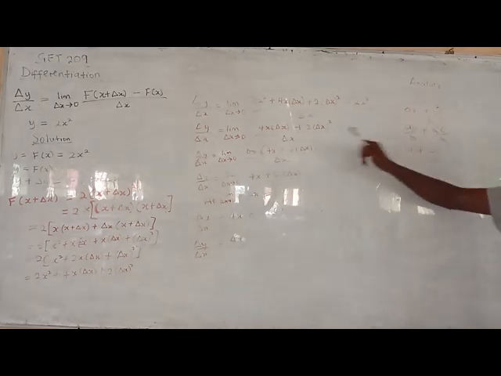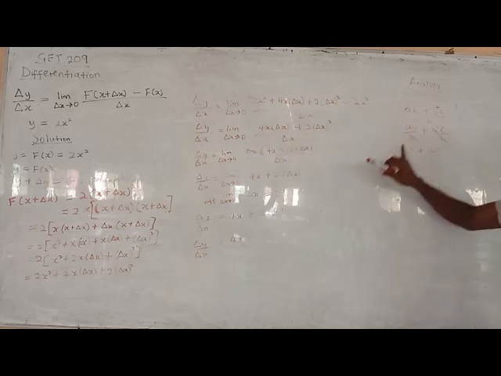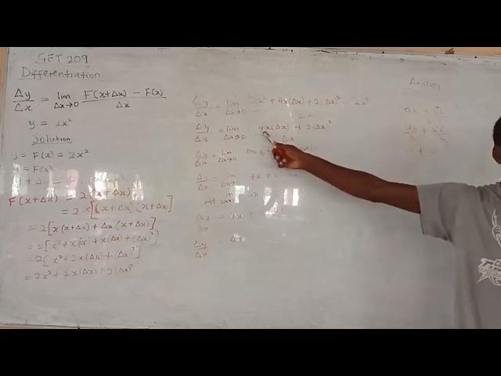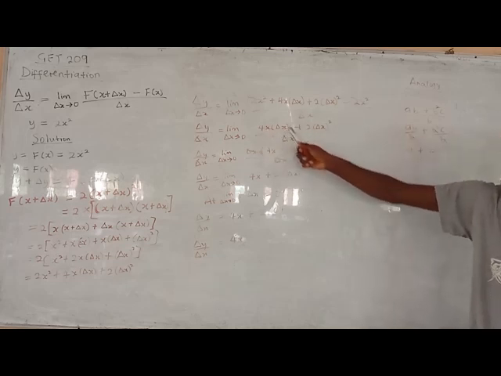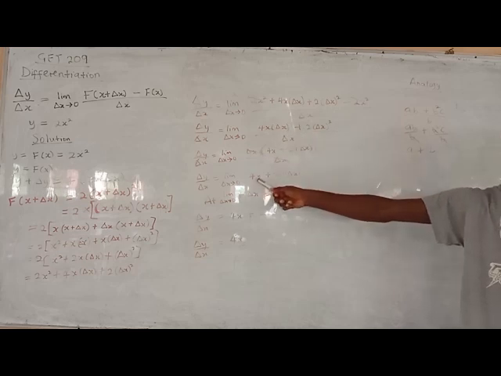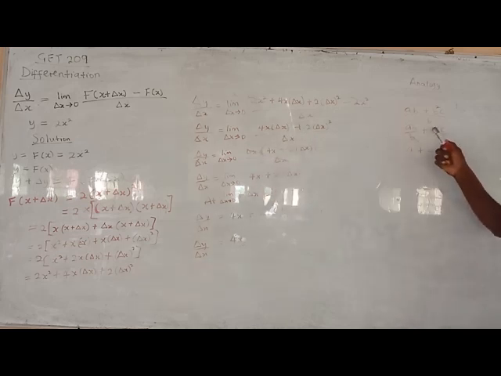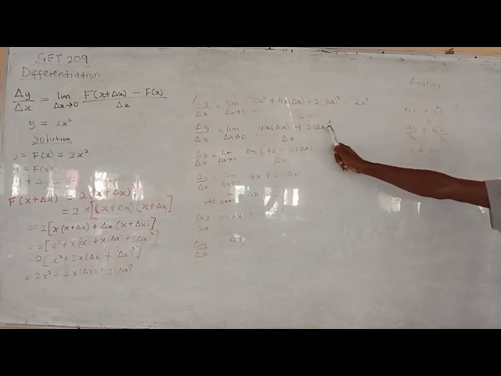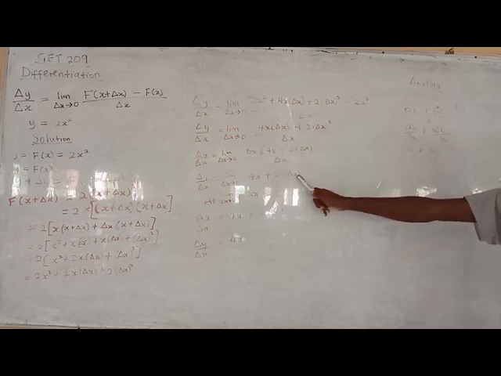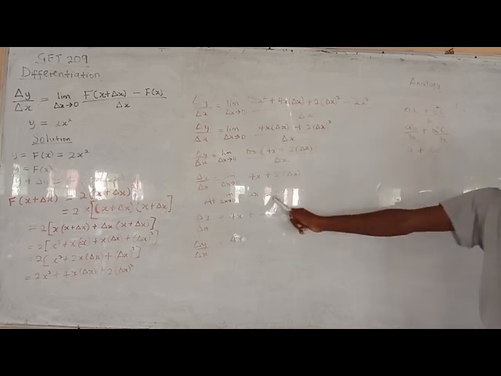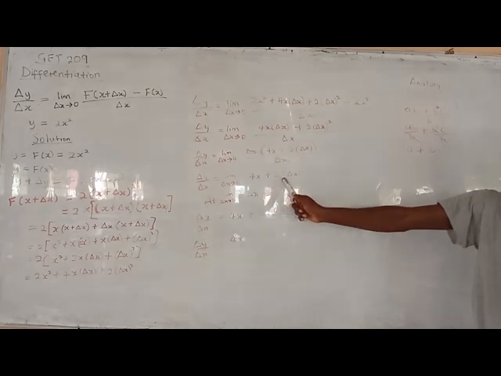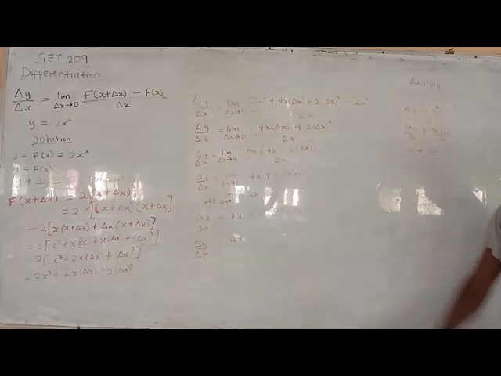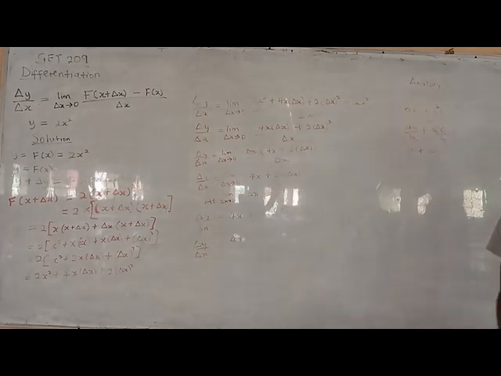Now the B here is the change in X, and the A here is 4X. This cancels this, left with 4X. But when B went into this, remember, change in X is 2. So that's why we still have change in X here. And this C here is this 2 here. You understand now?